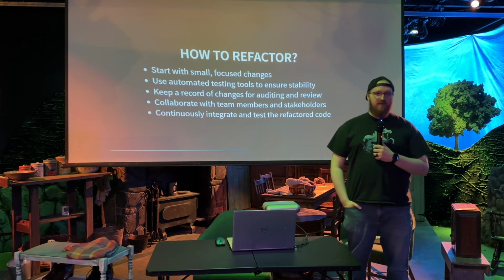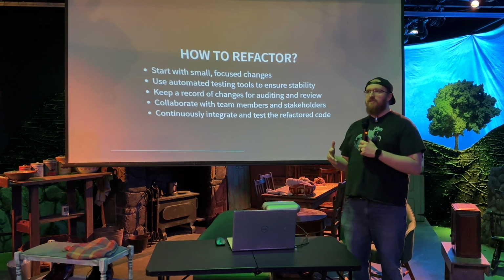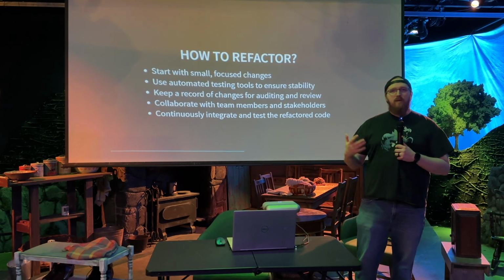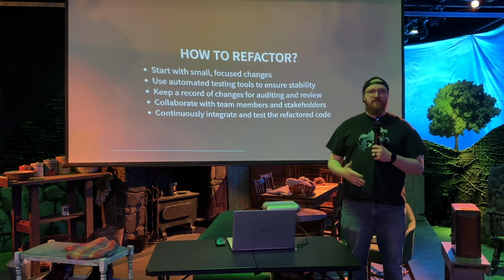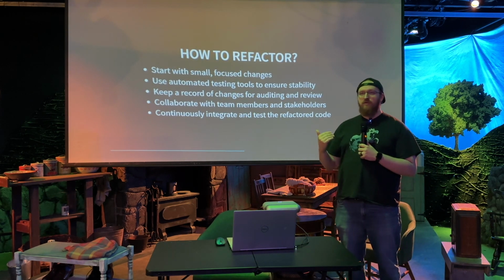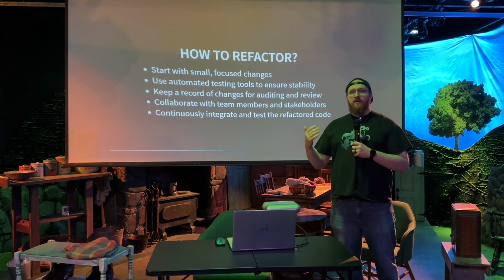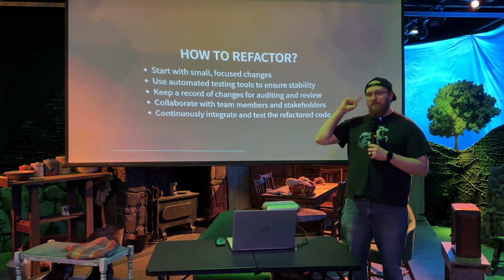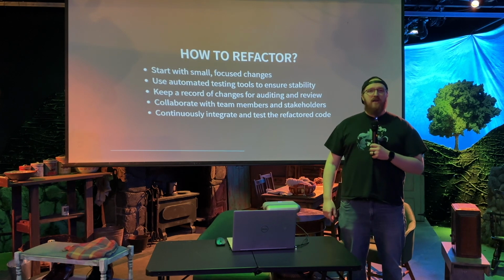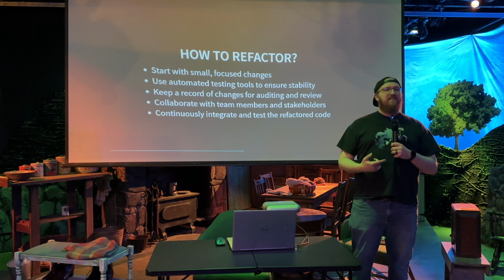Also, like I said before, automated tests. Especially when you're doing this, make sure your tests are solid, because when you have solid tests, you can make these changes to your code and know that they are functioning how you and your users expect. You'd be surprised how often someone will say, oh, I bet I can refactor it this way, and then they make the change, but the test fails.